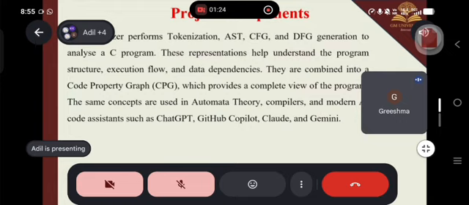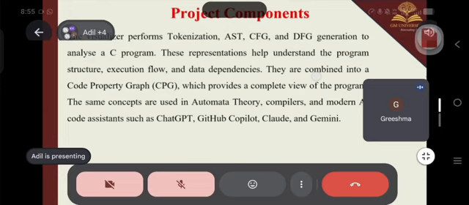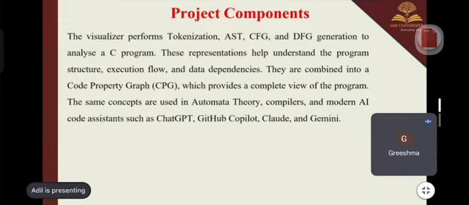These concepts are widely used in compiler design, static code analysis, software testing, and modern AI coding assistants. Now let us look at the output generated by our application, which will be continued by Adil Malik.